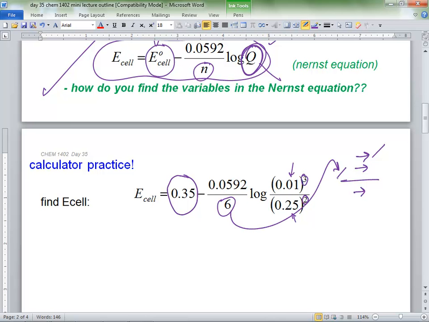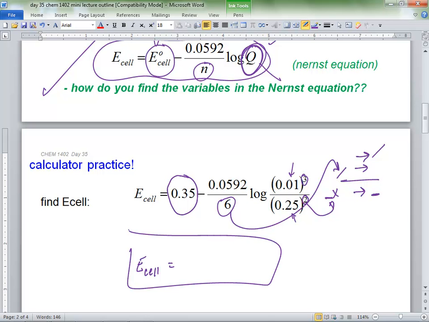The little stoichiometric coefficients, that's these guys out in front, right? The numbers out in front of your compounds, right? Whatever it is. That's what those are. Okay, so there's a lot of work to get this. But what I'm saying is you don't want to go through all that work to set this up and then screw it up on your calculator, right? So let's see what number you get.